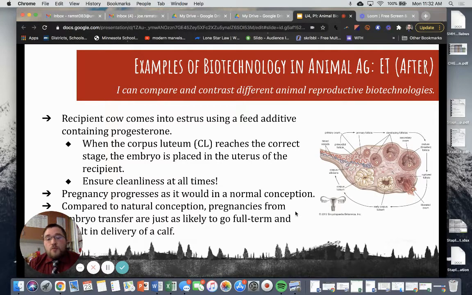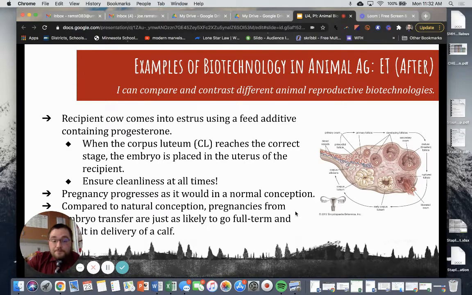Pregnancy progresses as it would in a normal conception, and compared to natural conception, pregnancies from embryo transfer are just as likely to go full term and result in delivery of a calf or an animal. So embryo transfer truly is comparable to a normal or natural conception that would occur in a traditional breeding program.